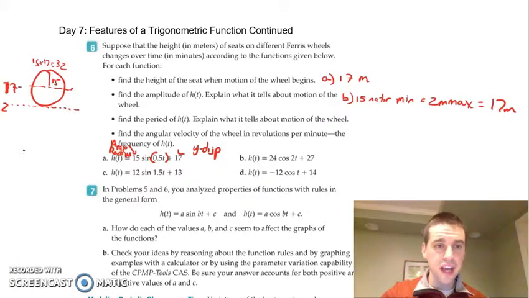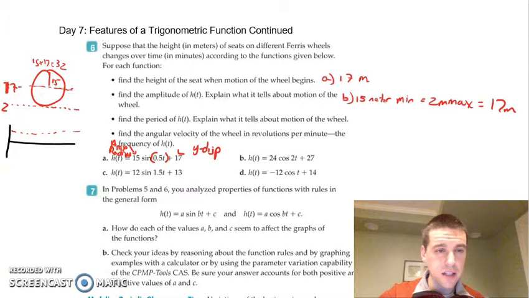If we were to graph this, we would have an xy axis, and we would have our midline at 17. And this is not going to be straight at all. If we graph it, we start at the midline, because it's a sine curve. We go up to 32, we go back down to 2 and back up. The maximum is 32, the bottom is 2. It does not hit the actual x-axis.